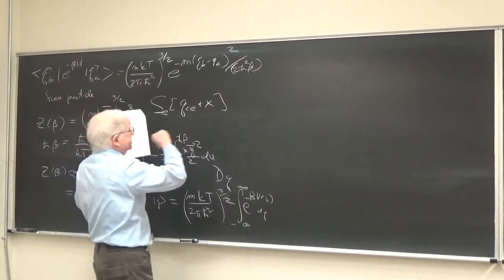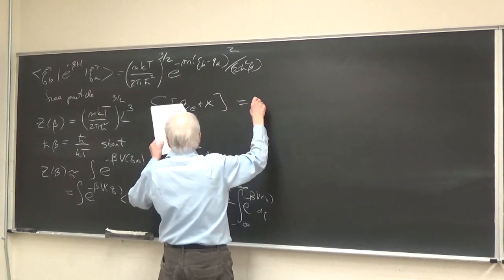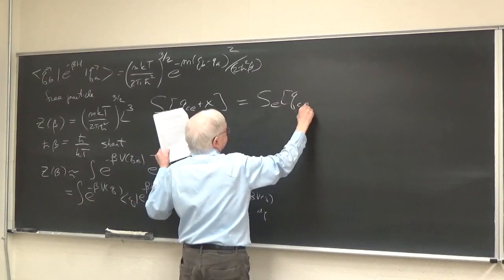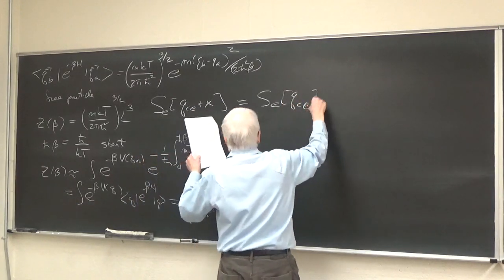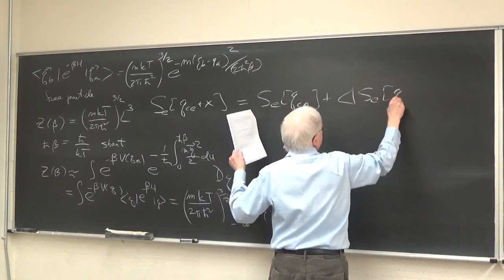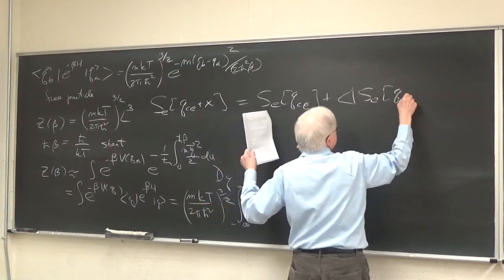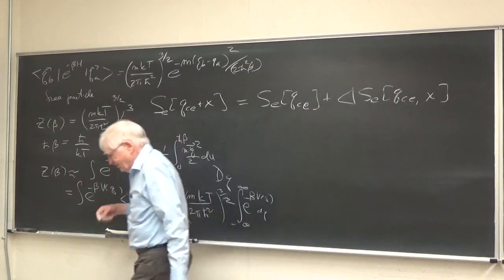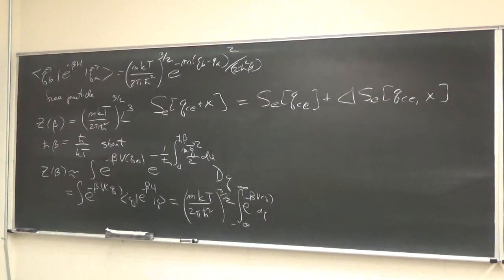And so this, it turns out, is the Euclidean classical action plus a correction. And in general, that correction depends upon both the Euclidean classical action and the detour.